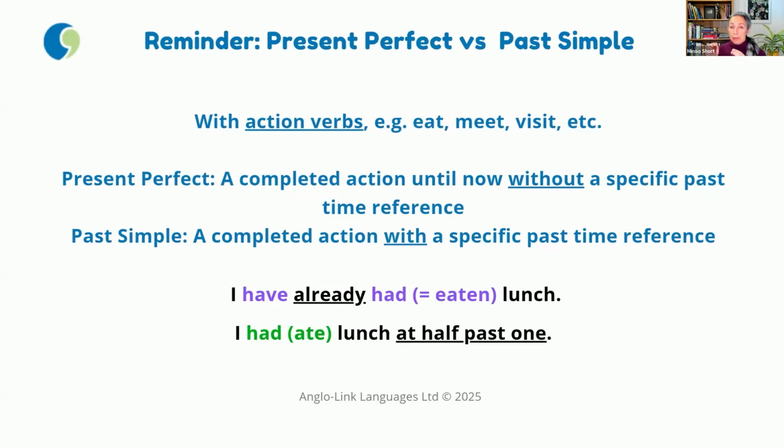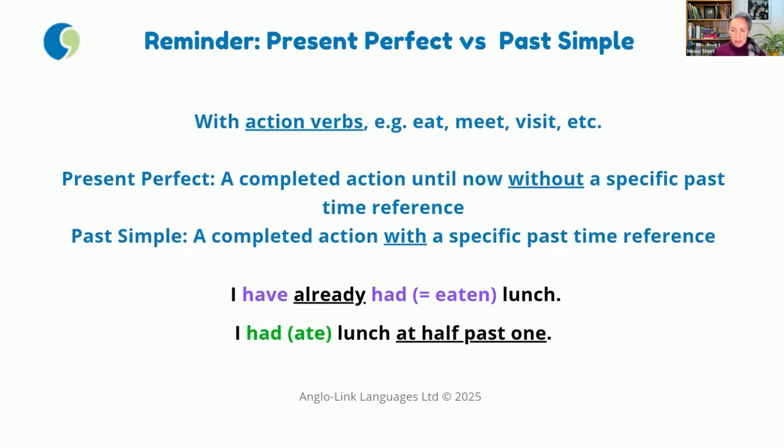So it is I have already had. In this context, had is action, is eating. I have already had or eaten lunch, but when we say at 1:30, it is I had or ate lunch at 1:30. So a quick reminder of the difference between present perfect and past simple.